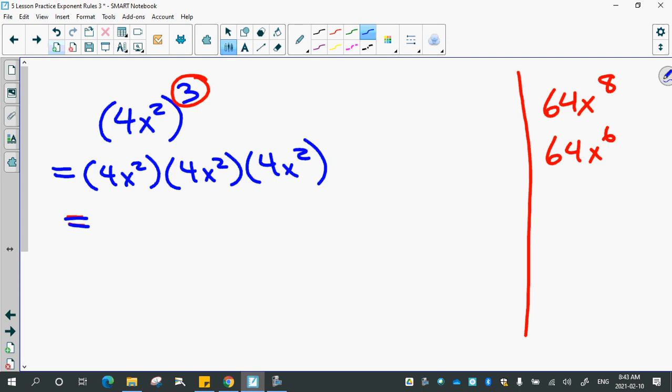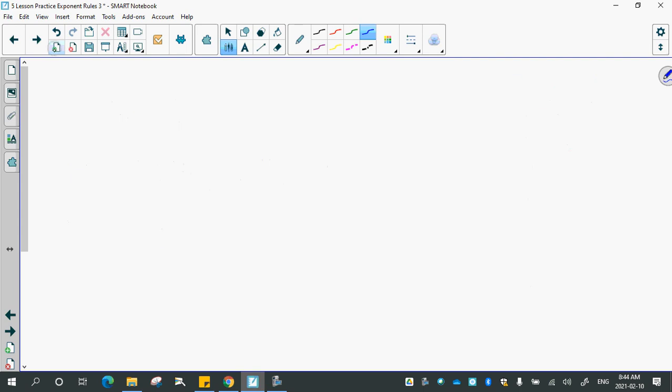So far they're both right, right? And then if I multiply x squared by x squared by x squared, what do I get? X to the power of 6. So you keep the base x and you add the exponents. 2 plus 2 is 4, plus 2 more is 6. So this one is correct. Okay? All right, so reset. We're going to try another one.